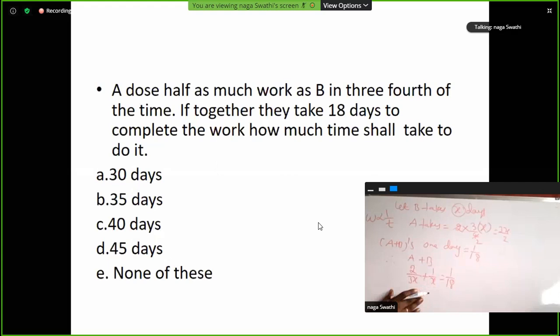So the LCM is 3x, so 2 plus 3 is equal to 1 by 18. 30 days. This is the answer.